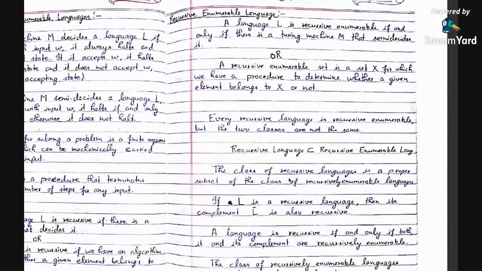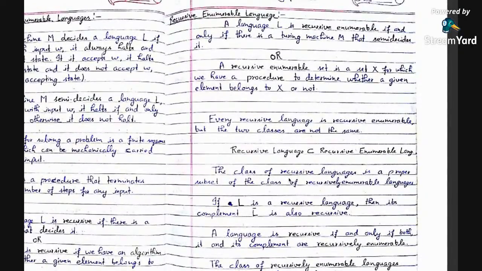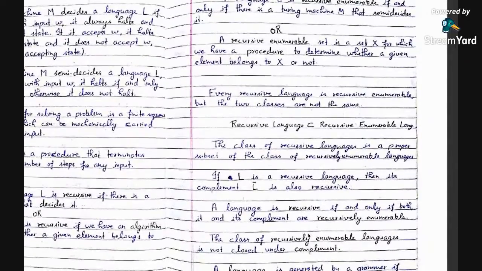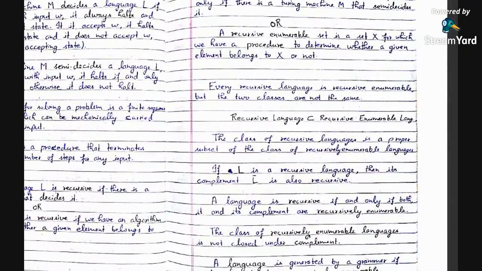Recursively enumerable language. The language L is recursively enumerable if and only if there is a Turing machine M that semi-decides it. Or a recursively enumerable set is a set X for which we have a procedure to determine whether a given element belongs to X or not.